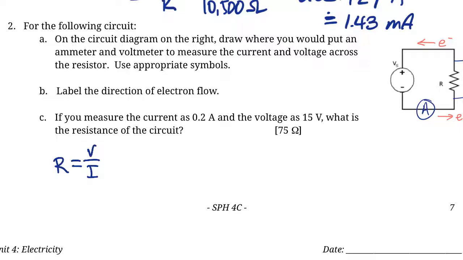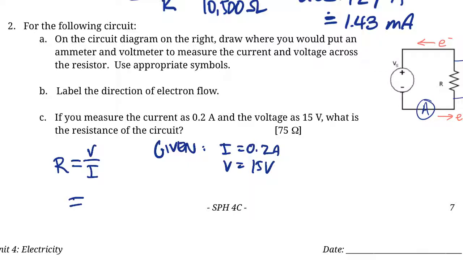Now let's be careful about this question. What are we given? Is everything in base units? Yep, so we're given that the current is 0.2 amps and that the potential difference is 15 volts. Those are already in the base unit, so we don't even need to convert anything. We don't need to rearrange the equation at all. We can just plug everything in, right?